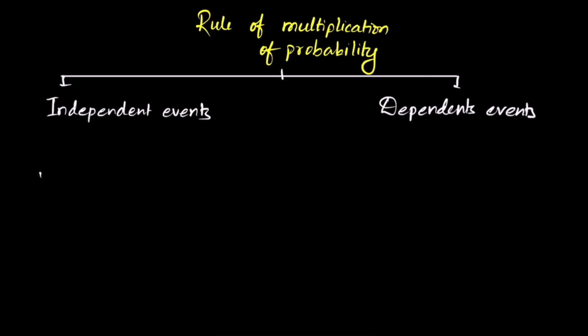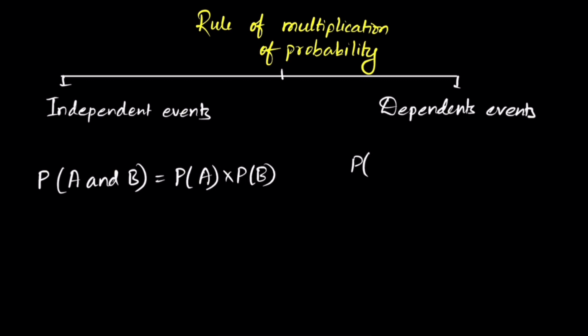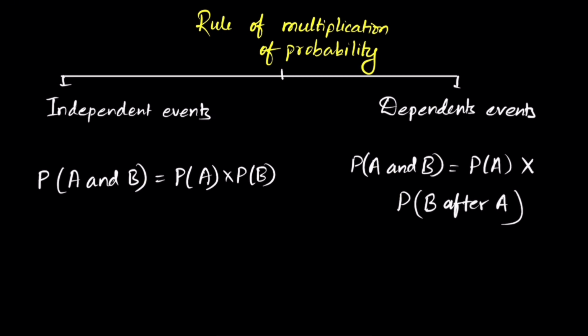For the first scenario, the probability for A and B simply equals the multiplication of both the probabilities. And in the second case, the probability for the occurrence of both the events is equal to the probability of occurrence of the first event times the probability of the second event only after the first event has already occurred.